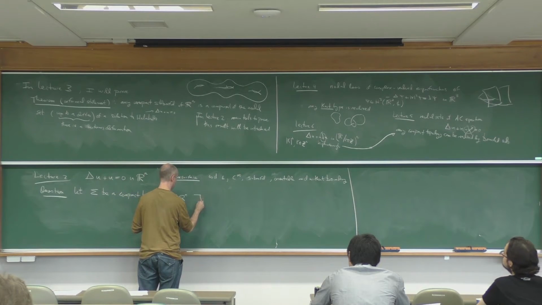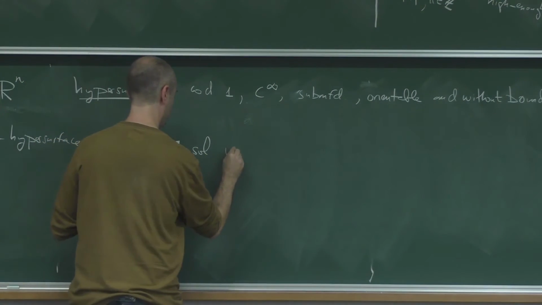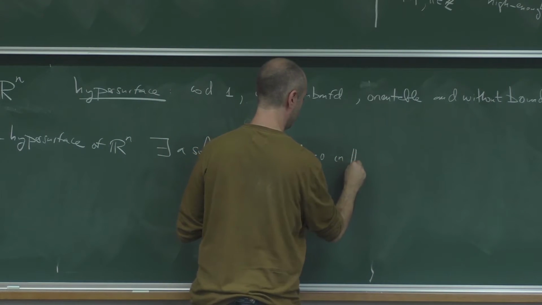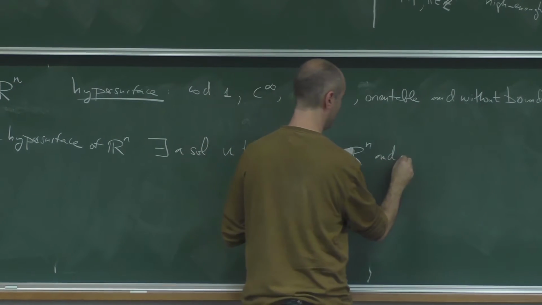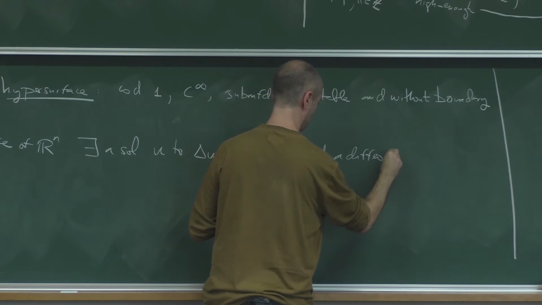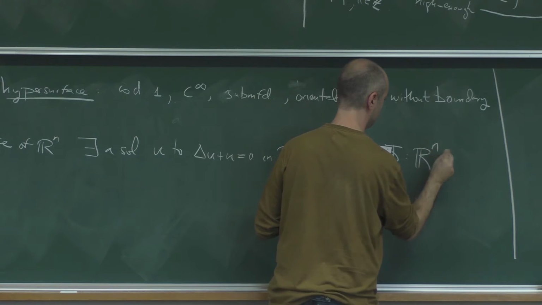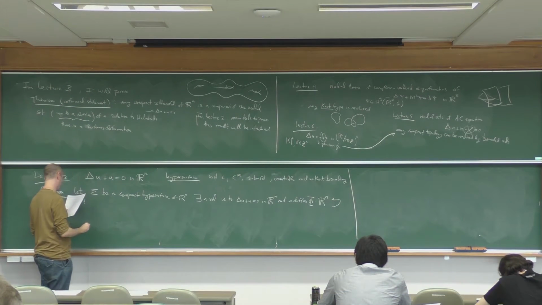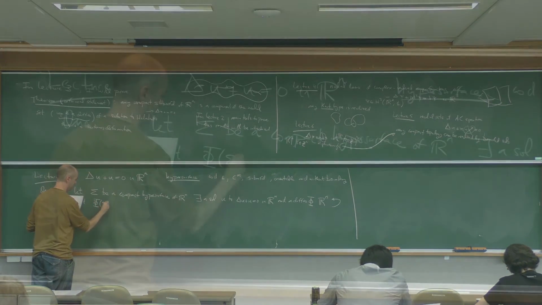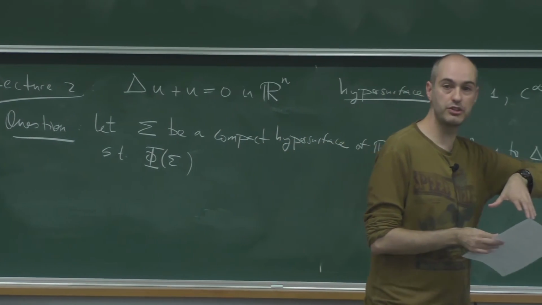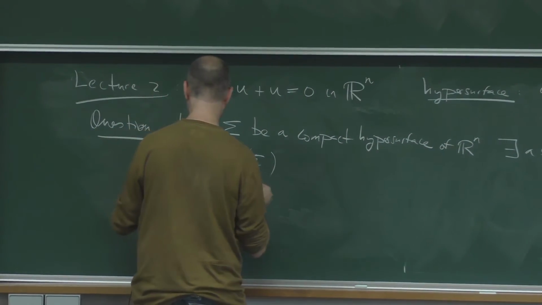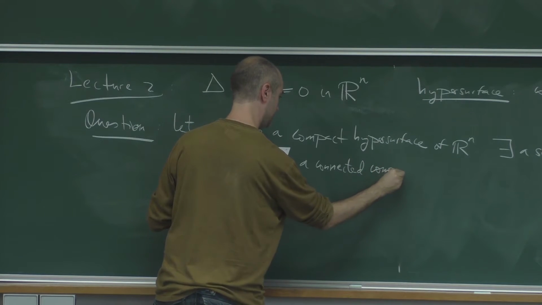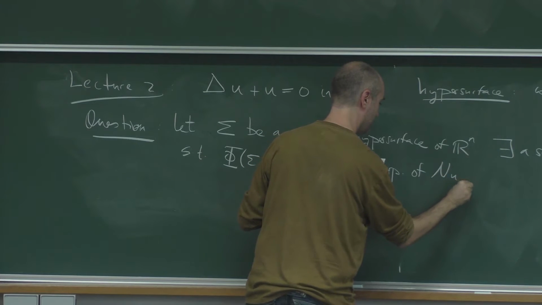Then the question is, does there exist a solution u to the Helmholtz equation in Rn, so a global solution, and a diffeomorphism Φ from Rn to itself, such that the image of sigma under the diffeomorphism, the deformation of sigma, is a connected component of the nodal set of u?